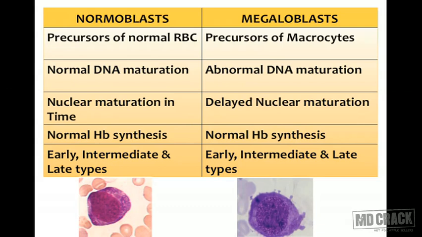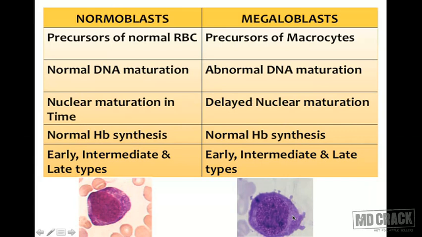Normoblast is nothing but a precursor of the normal RBC, whereas megaloblast is a precursor of the macrocytic RBC. Normal DNA maturation is there for the normoblast, whereas DNA maturation is hampered in megaloblastic anemia. Remember, the cytoplasmic maturation will be absolutely normal in the megaloblast.